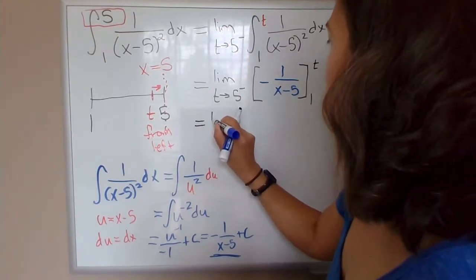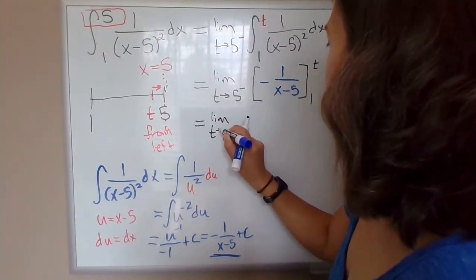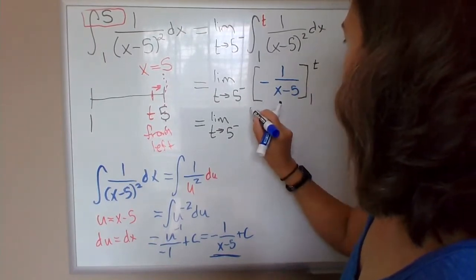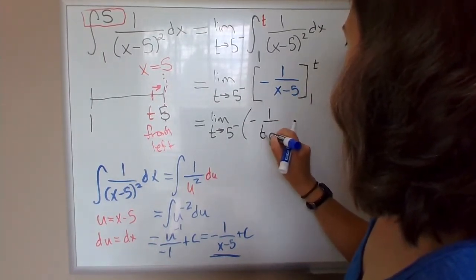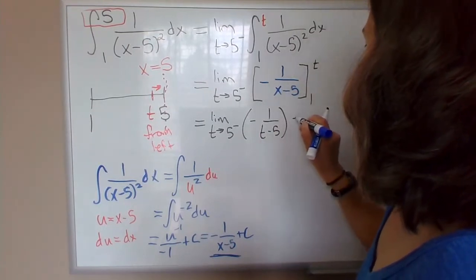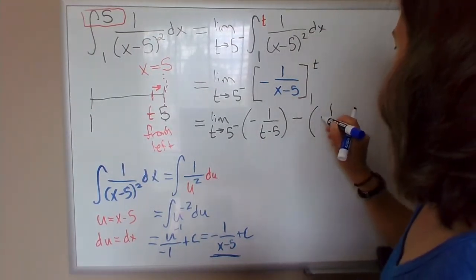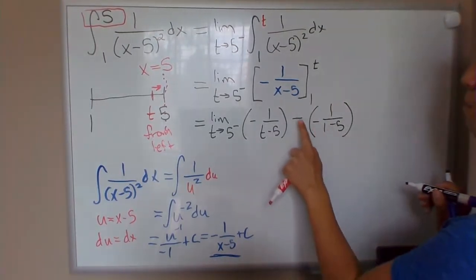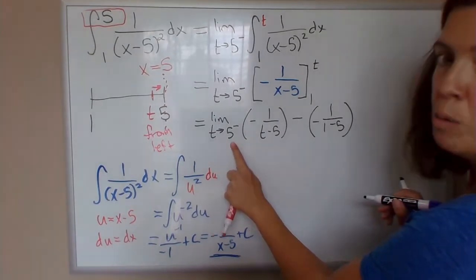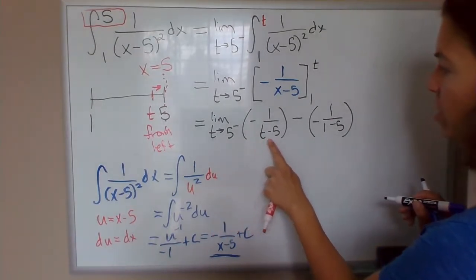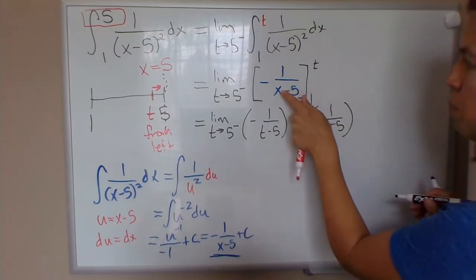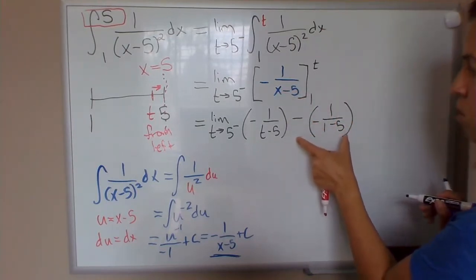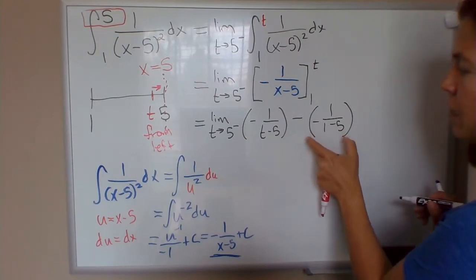So this is the limit as t approaches 5 from the left of negative 1 over (t minus 5), minus, substituting 1, negative 1 over (1 minus 5). The limit only applies to the expression of t here, so I'm already separating out. When I plug in a constant, the result's just going to be a constant, and the limit of a constant is just that number. So I'm not even considering this as part of the limit anymore.